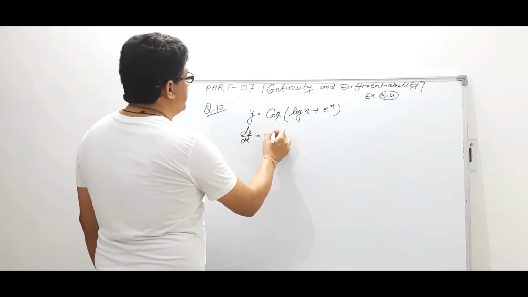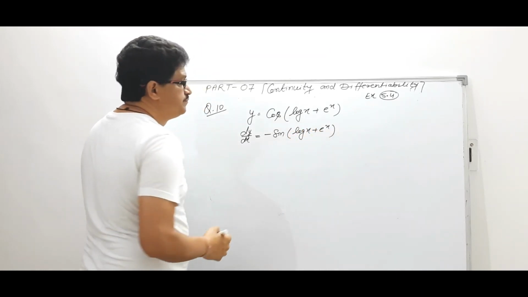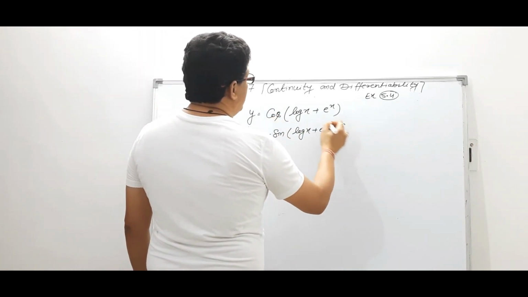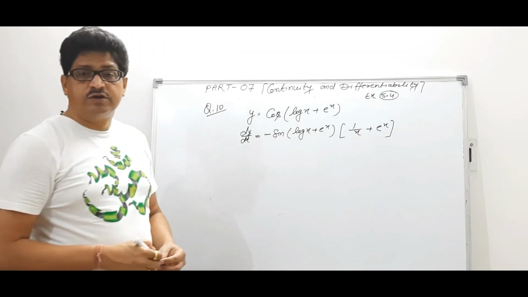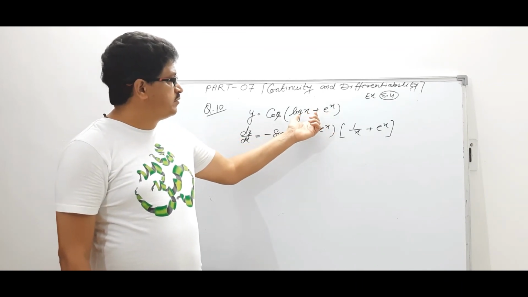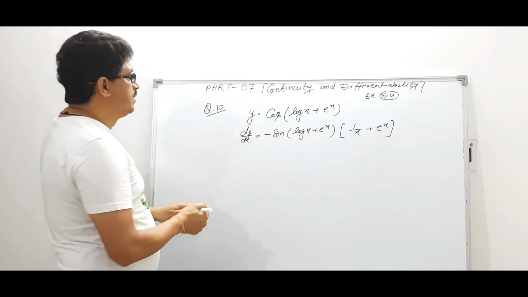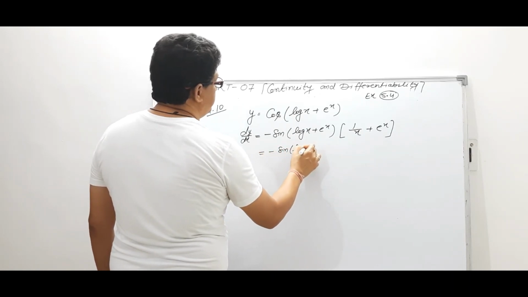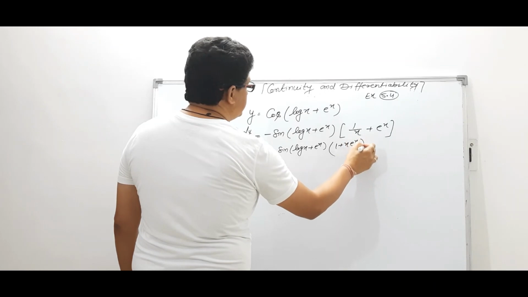Cos x का क्या होगा? माइनस sin log x प्लस e raised to x. ये तो हुआ cos x का, इंटू log x का होगा 1 अपॉन x प्लस e raised to x. cos का होगा माइनस sin log x प्लस e raised to x, देन log x प्लस e raised to x का हो जाएगा 1 अपॉन x प्लस e raised to x, और ये हो जाएगा माइनस sin log x प्लस e raised to x इंटू 1 अपॉन x प्लस e raised to x.